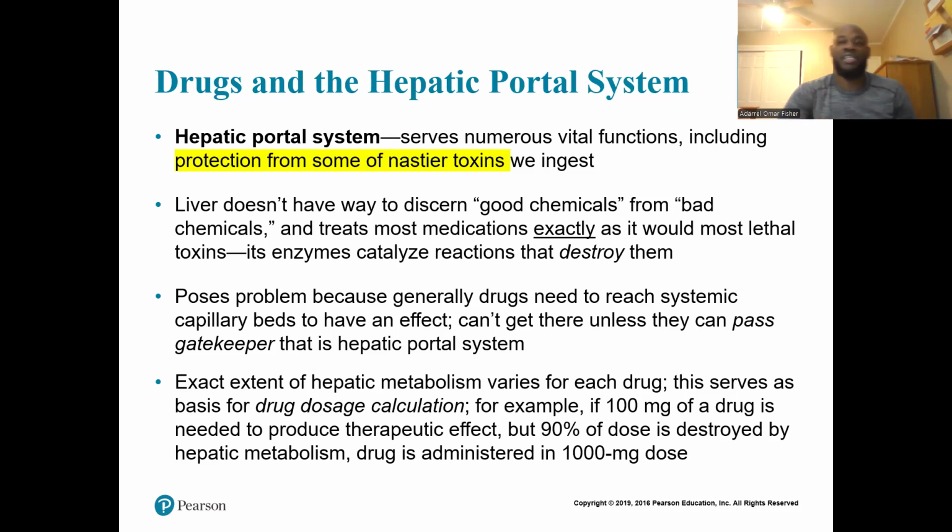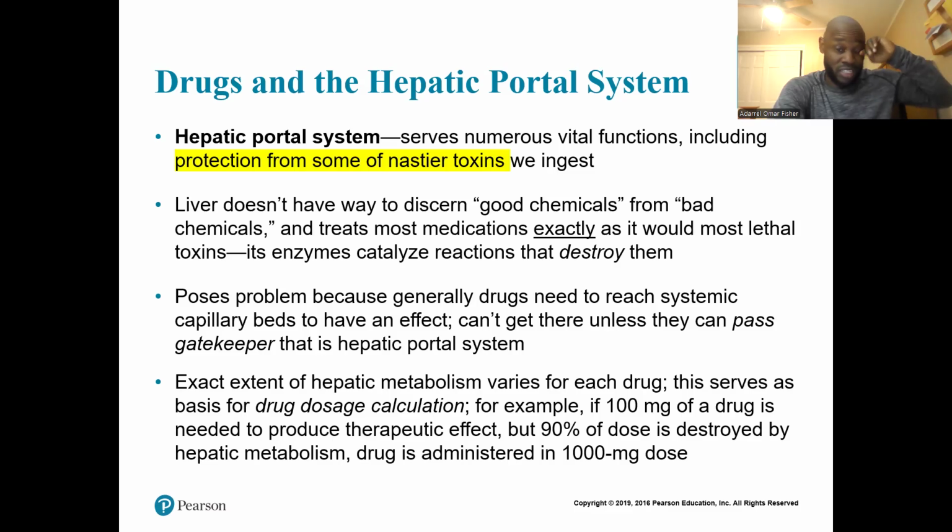Now, you have this hepatic portal system. It helps protect our bodies from nastier toxins, right? Chemicals that get digested in our body, for example alcohol, a chemical, a poison.